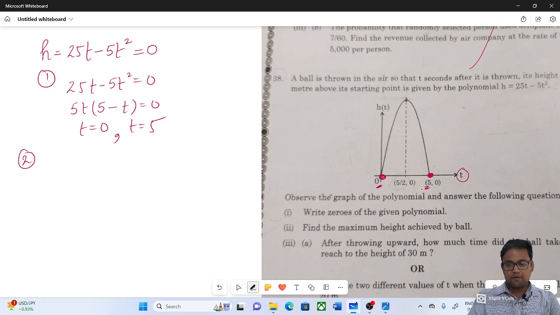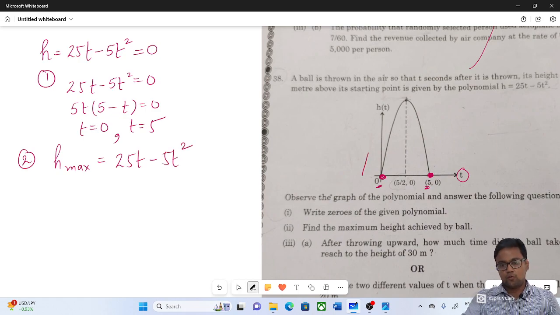Find the maximum height achieved by the ball. So h max has to be found, right? And the expression is the same. You can see this ball reaches this maximum peak. The peak is at t equal to 2.5 seconds or 5/2 seconds.